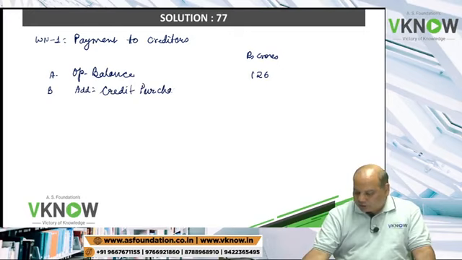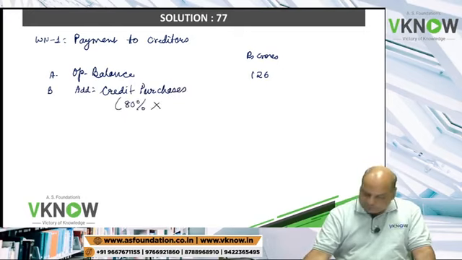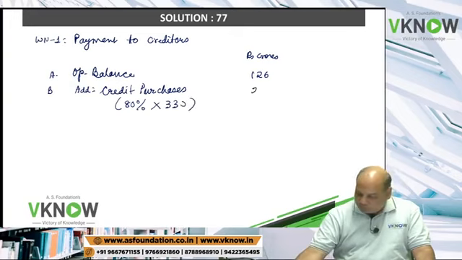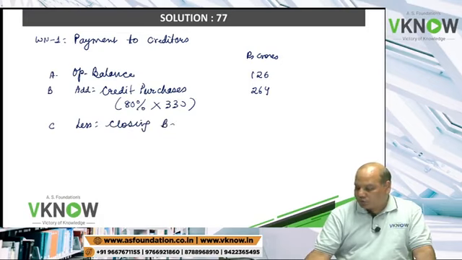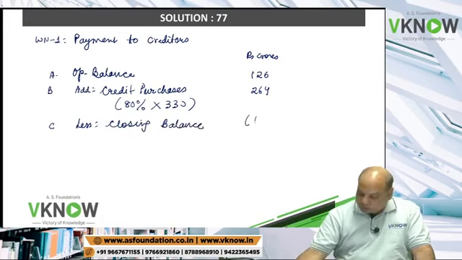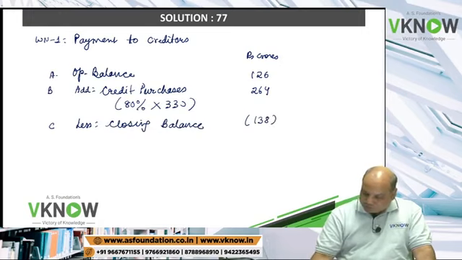Add credit purchase is 80% of 330, 264. And point C, less closing balance 138 crore.